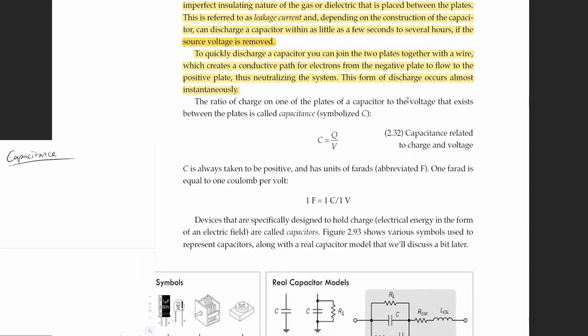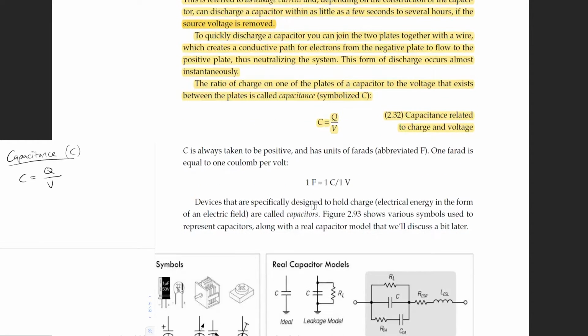So C is equal to Q, which I assume is charge, divided by voltage. Capacitance is related to charge and voltage.